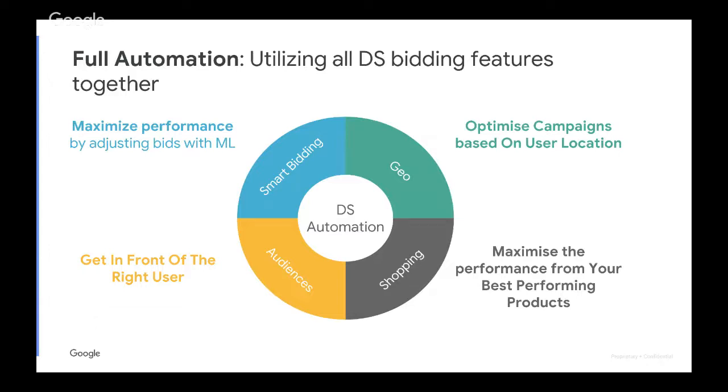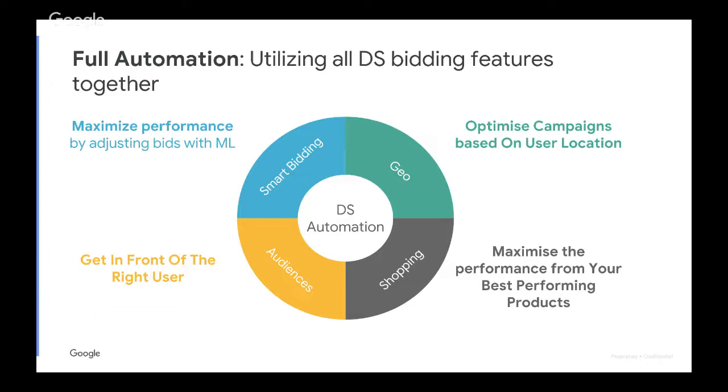So let's talk a little bit about geo. What do we have to help you with geo? It's important to understand what areas of the world or a specific country are most valuable to you and what makes sense to your lifetime value commitments and what you're trying to achieve. So we also want to make sure that we're doing this in an automated way. We have features such as, as I mentioned before, our adaptive geo.